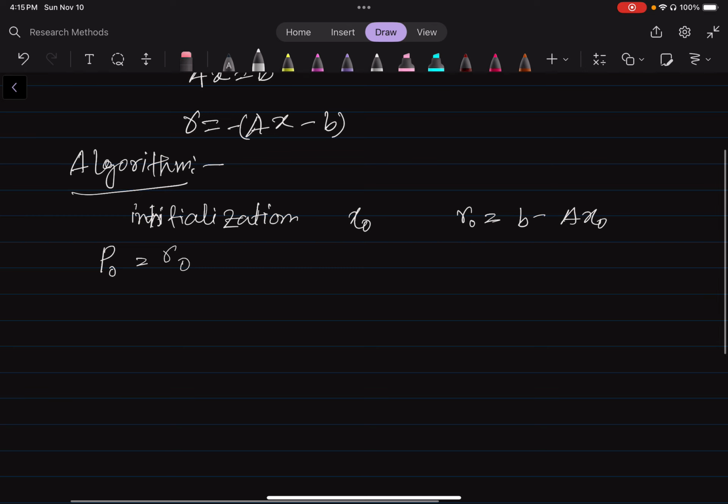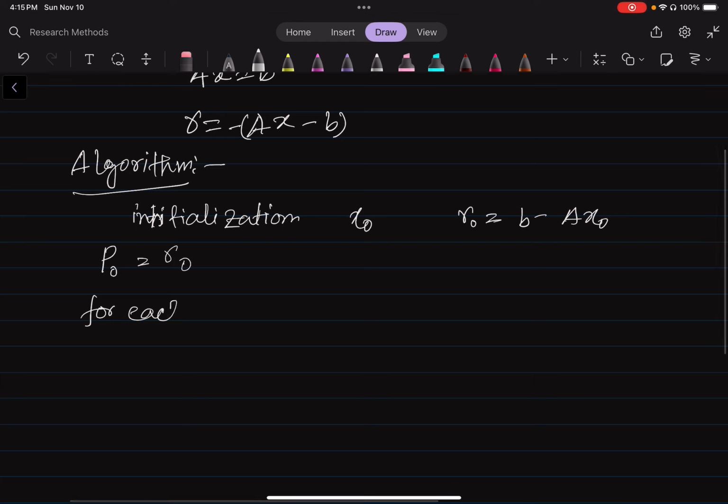In the iteration part, for each step k, we compute the step size alpha k that minimizes the error along pk.